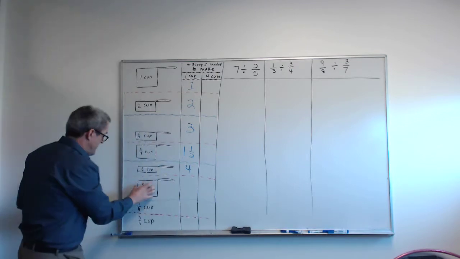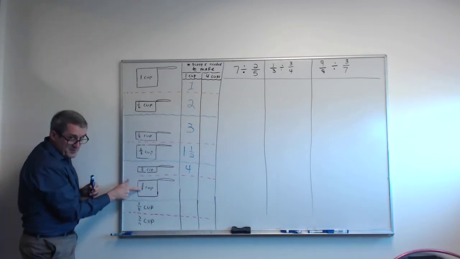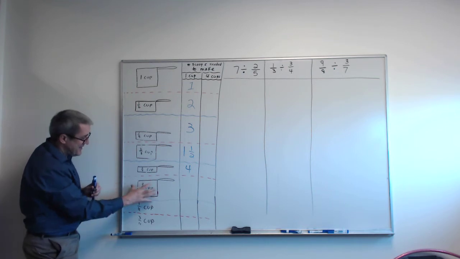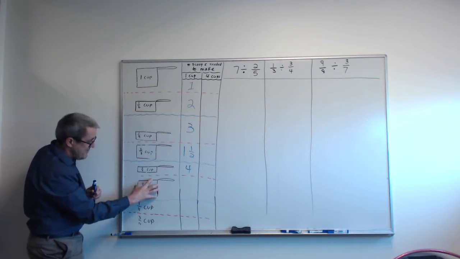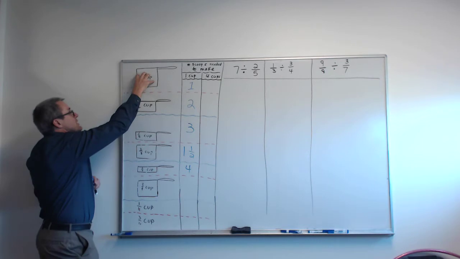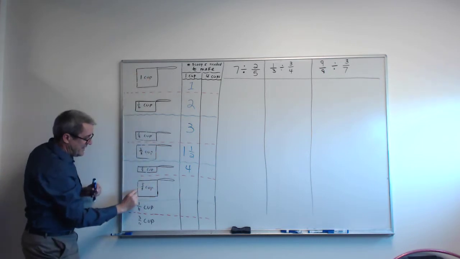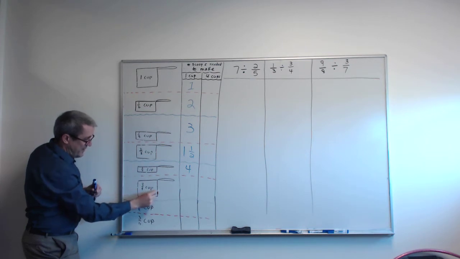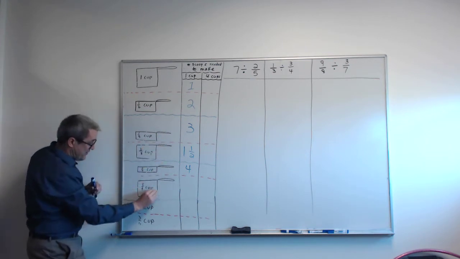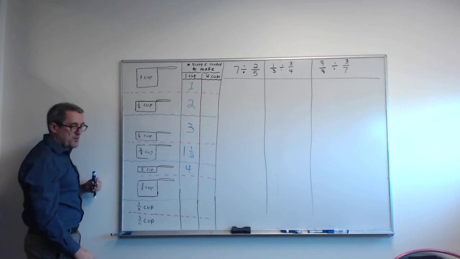Now, what if you did this one? You tripled the size of the scoop. Can you imagine this? If I filled this up once, it would fill it up to about here. And then if I filled this up only a 1/3 of a way, I would get that last 1/4 in there.